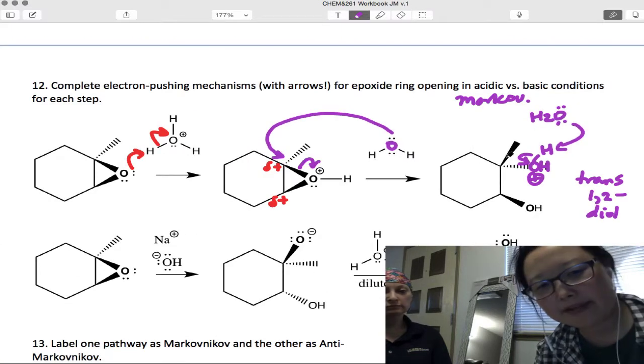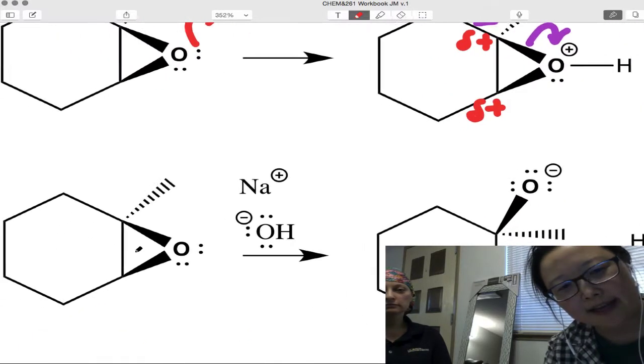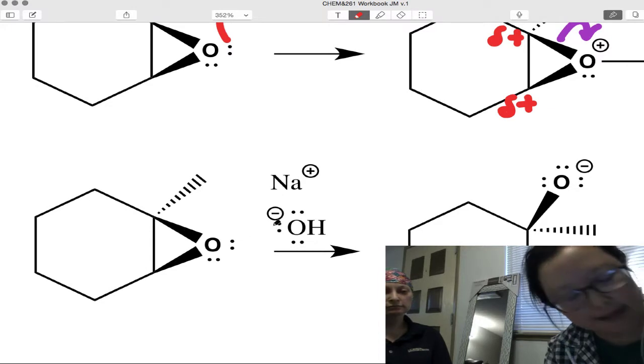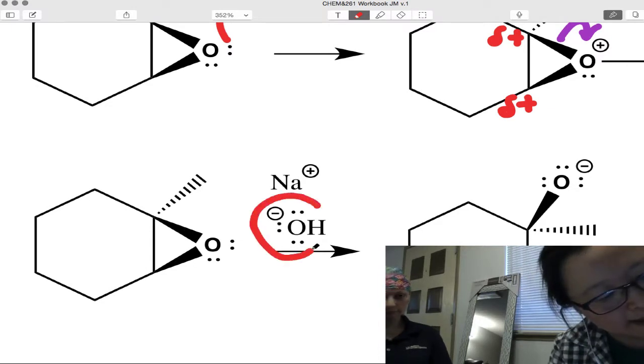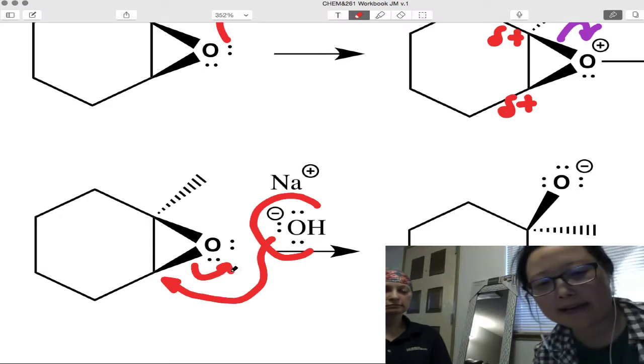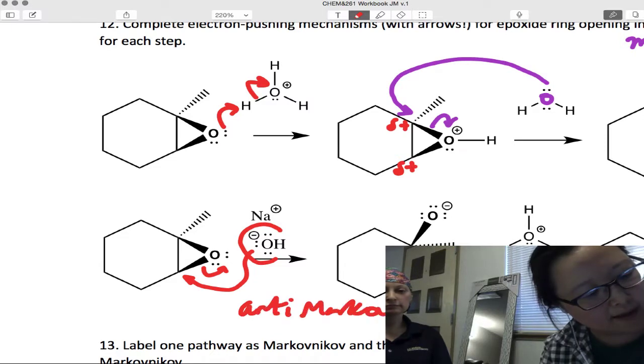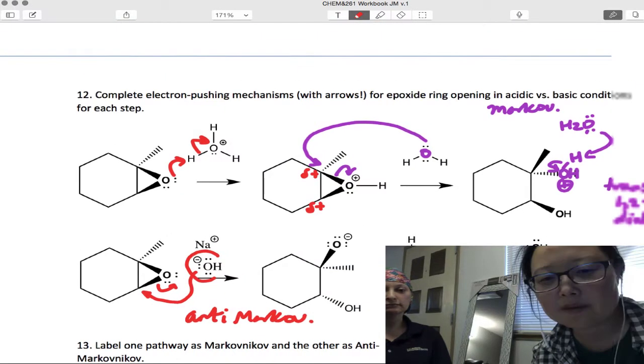Now with the base reaction, it's actually different. So you don't need to memorize this, but under basic conditions, things are driven more by steric hindrance because of the electron clouds. So here, this is going to come in from the opposite side. And so with base, we're going to get anti-Markovnikov. Again, you don't have to focus too much on that this quarter.